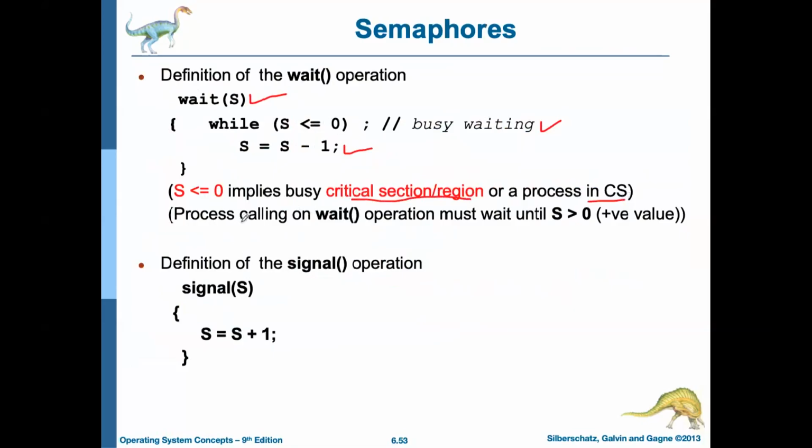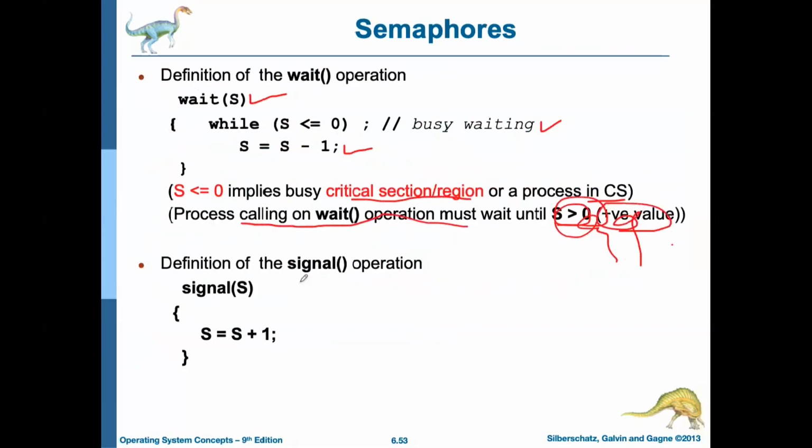So a process calling the wait operation must wait until S is bigger than 0, until this value is positive.